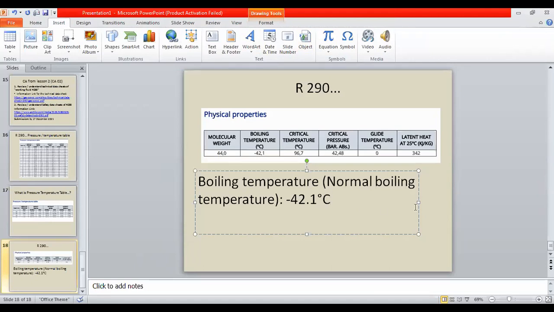So what is this? Normal boiling point, or normal boiling temperature. I just use point.